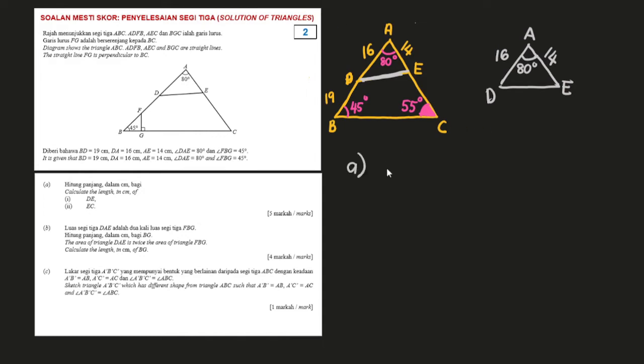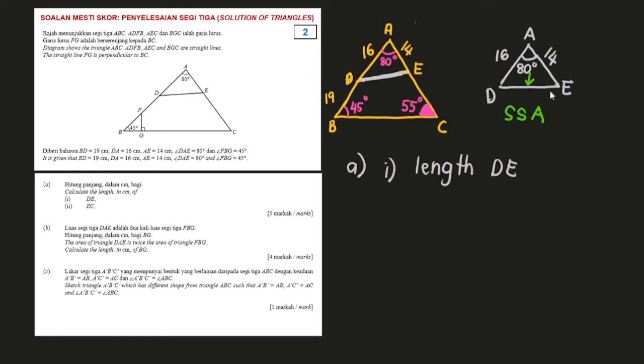Question A, 1. They ask us to find the length of DE. If you look carefully here, the length of DE, this part. Now, how do we find it? If you see here, we have a side, another side 14, and an angle, SSA.